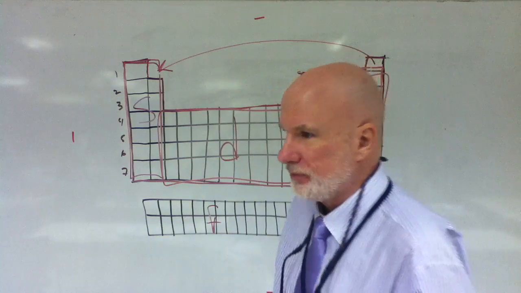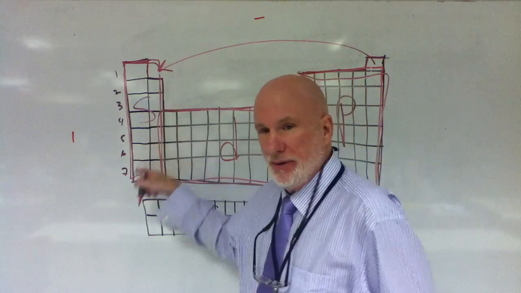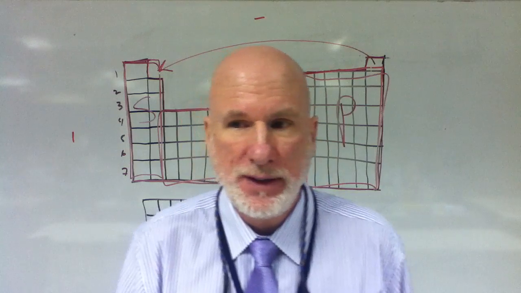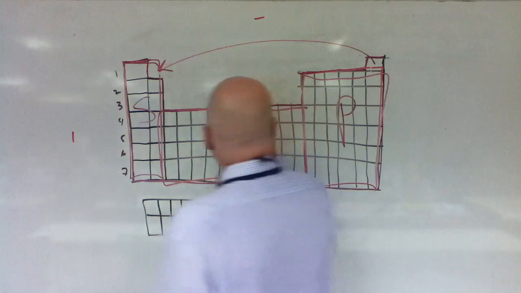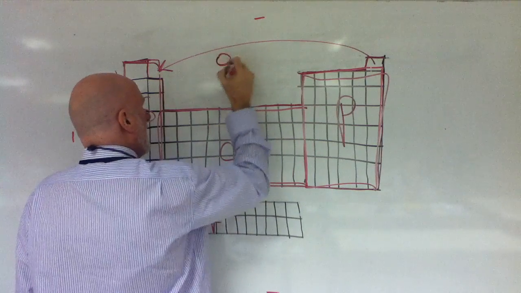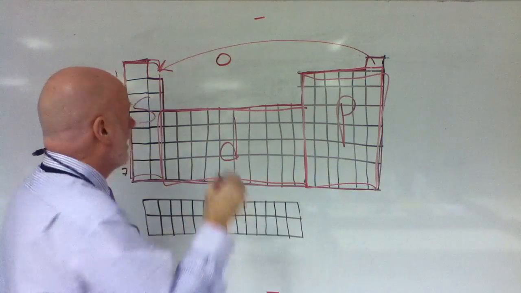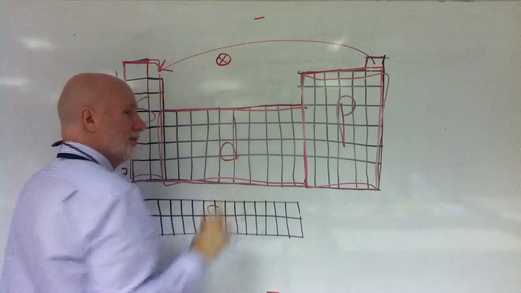Now, I can put electrons in each of these sublevels. In S, which is made of one orbital, I can put 2 electrons.